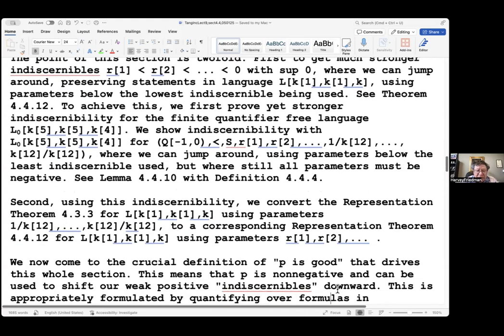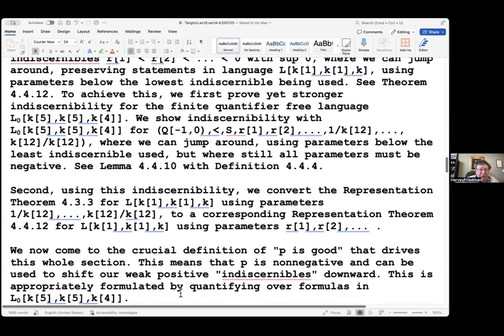Okay, second, using this indiscernibility, we convert the representation theorem 433 that we just talked about, that uses parameters here, to a corresponding representation theorem for this language using parameters R1, R2, dot, dot, dot.